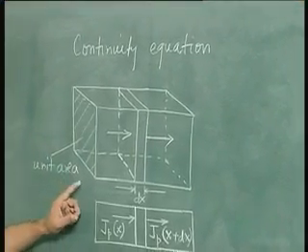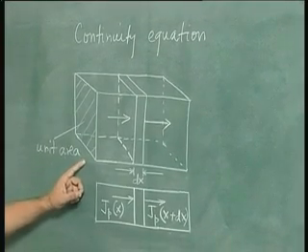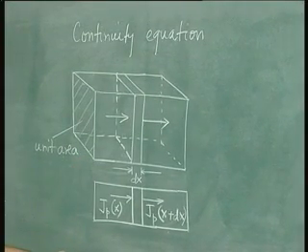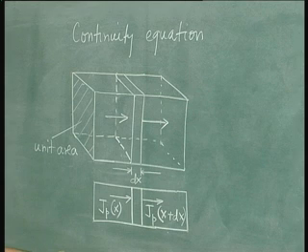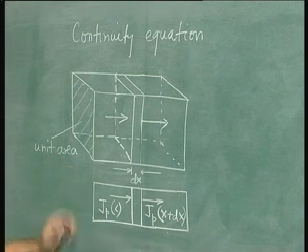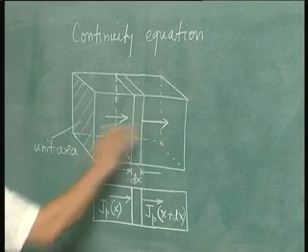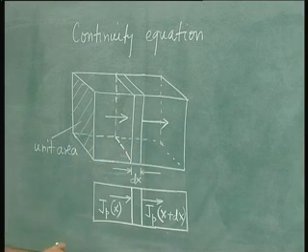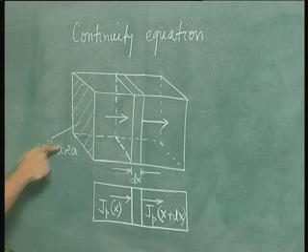So the general situation is depicted here. We are assuming a one dimensional case and we are considering holes. So you have holes moving from left to right in this particular semiconductor block. We will assume that the area of cross section of the block is unity.